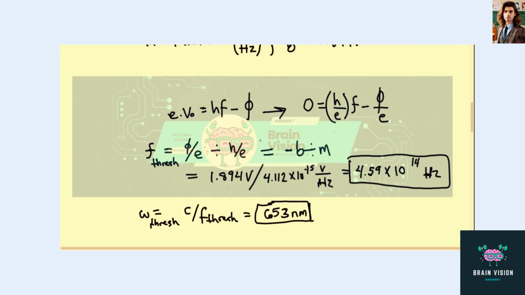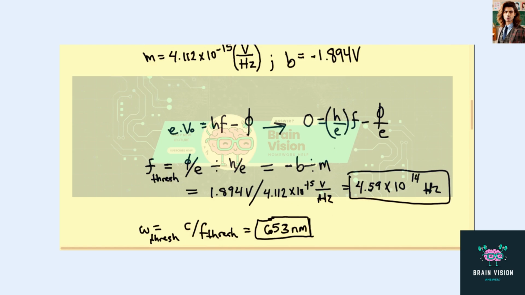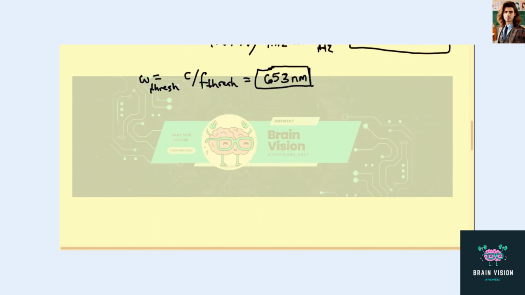So next, we're supposed to solve for the work function in terms of eVs. So we know the negative of the work function over E is equal to B, and B is equal to negative 1.894 volts. So simply, all we have to do is multiply both sides by -1. That cancels the negative.